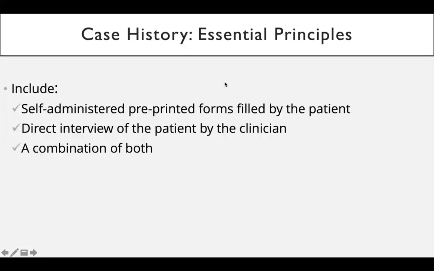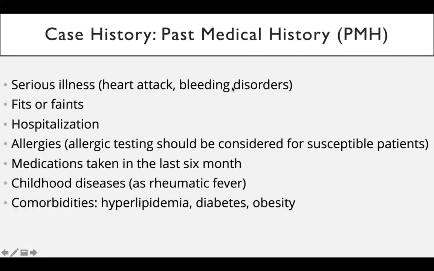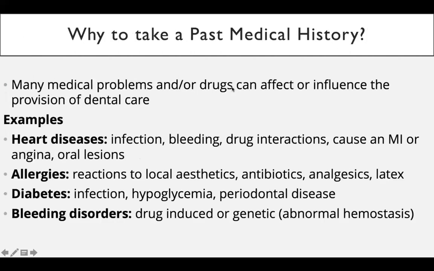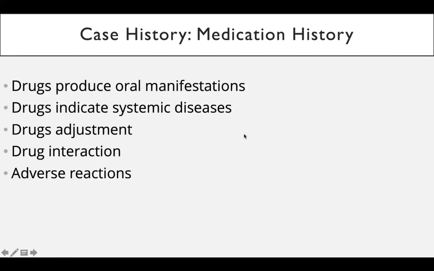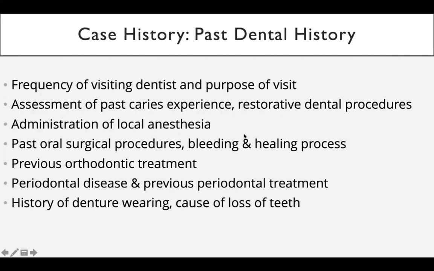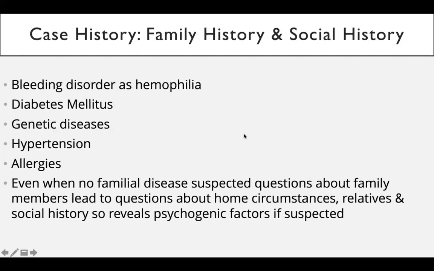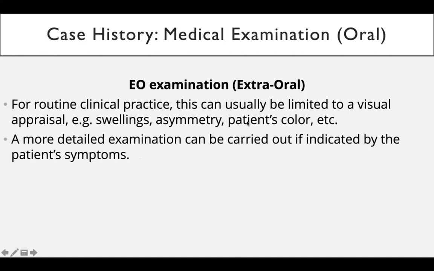We covered the essential principles, how to get past medical history and surgical history, and what questions are to be asked in past medical and surgical history. And then medication history, and past dental history specific for the dental examination and history. And then we went for family and social history, and personal history. Occupational history comes in the personal history. Personal habits come in the personal history.